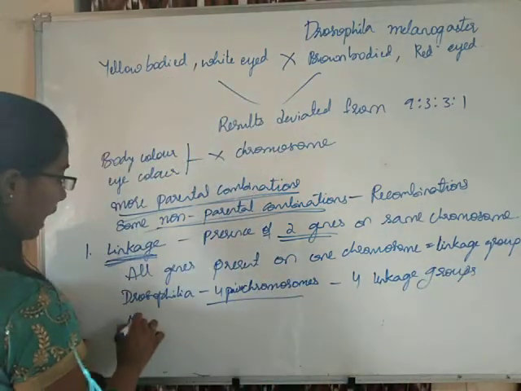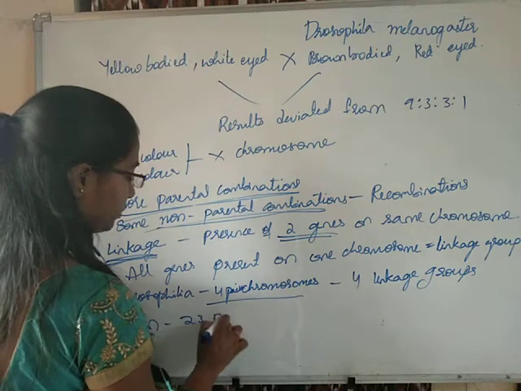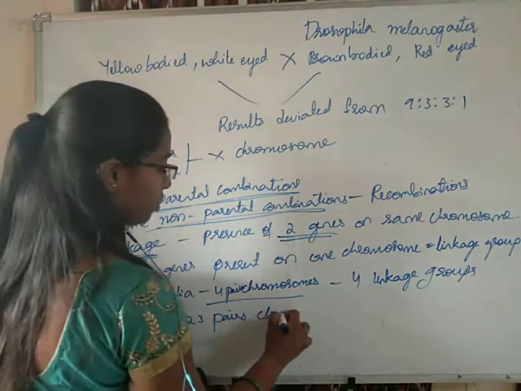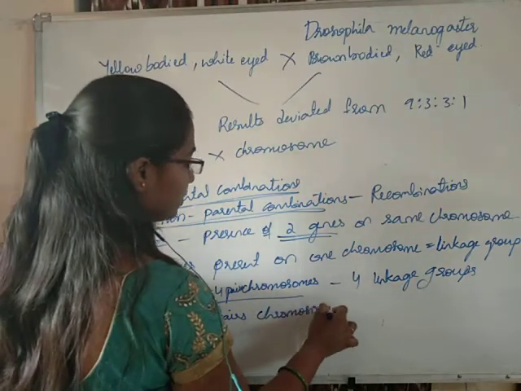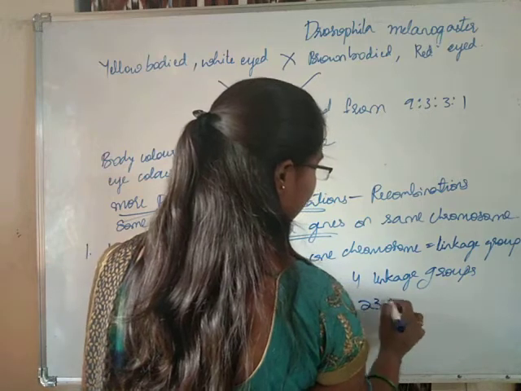When we take man, in man there are 23 pairs of chromosomes, so totally in man there will be 23 linkage groups.